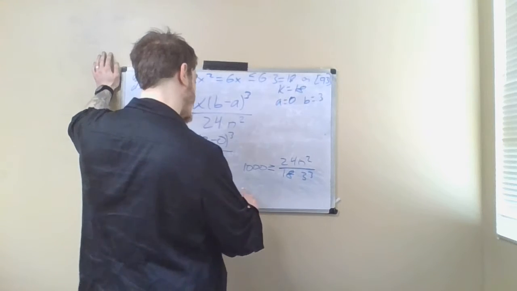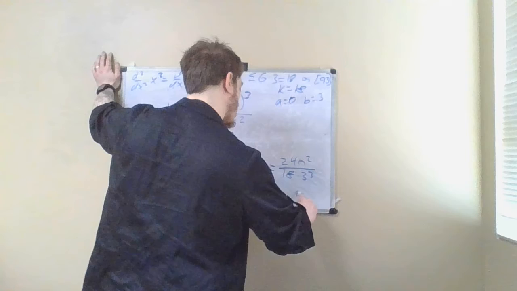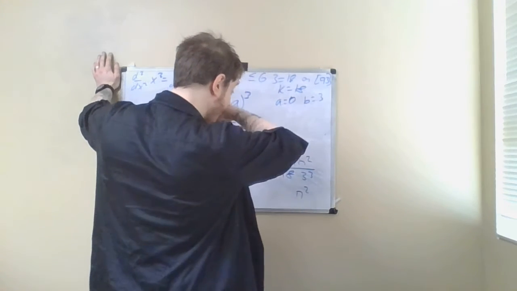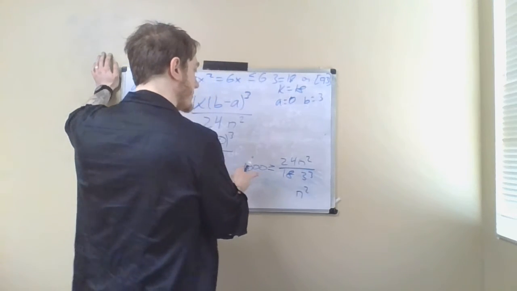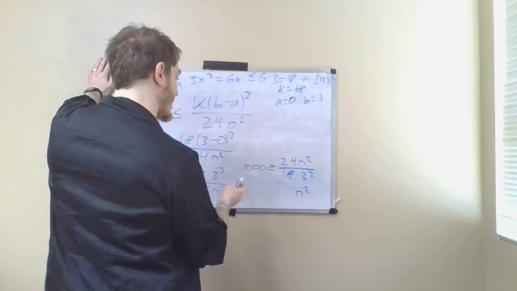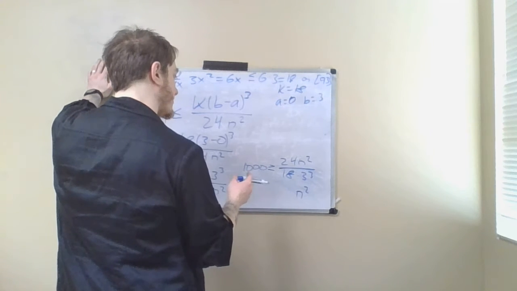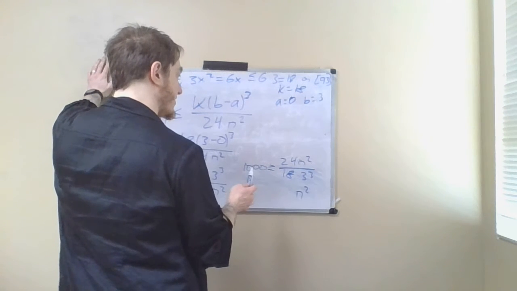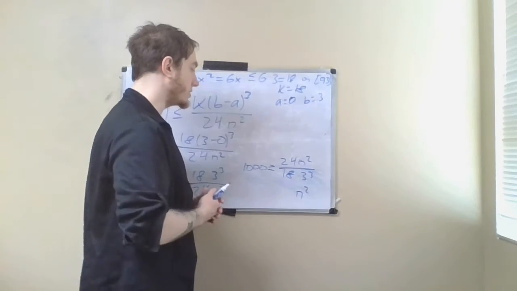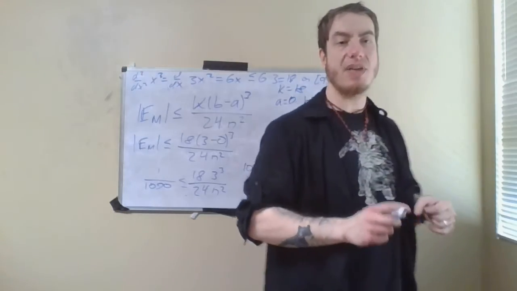So if we solve for n squared, we need to have it bounded by what we solved here. I guess it doesn't really matter, the first way that I did this can work too. So we figure out what n squared is going to have to be in order to make this work, and once we see that, we can say that is the n that we need to pick.